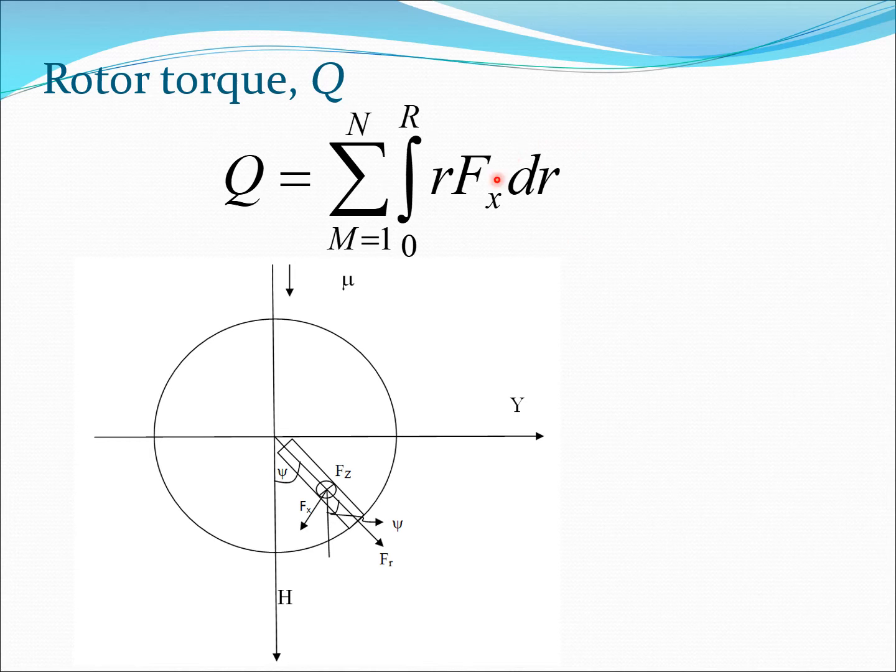Then we multiply it by the small distance dr, which is the sectional length. Then we take this expression and integrate it from 0 to capital R, where capital R is the blade radius. Now there are n blades, so again we sum this from m is 1 to n to get the torque of the entire rotor as predicted by BET. So now you can start seeing the advantage of obtaining these terms Fx, Fz, Fr and so on, which we did in the previous lectures.